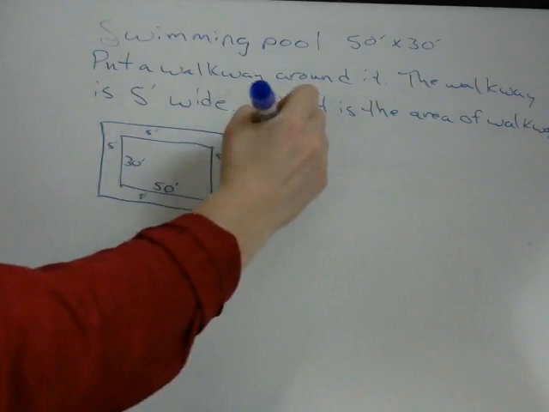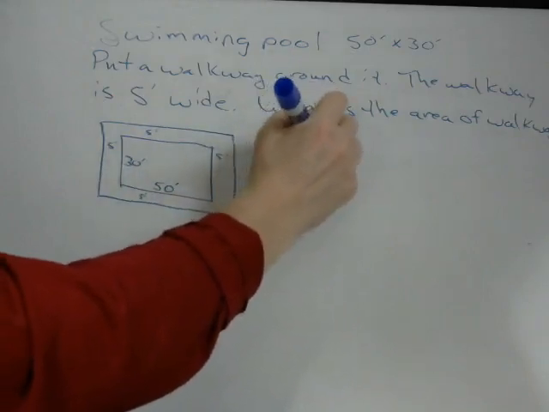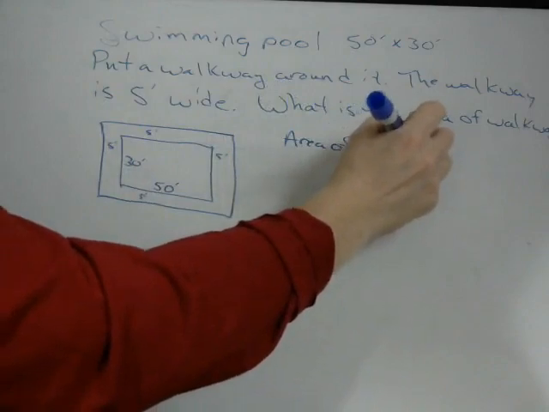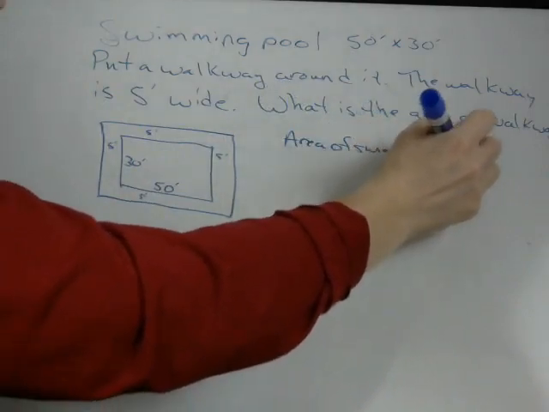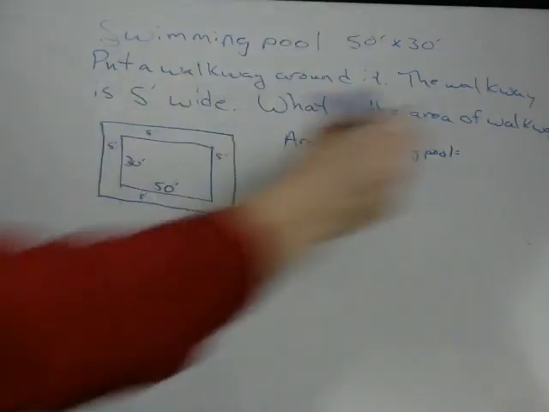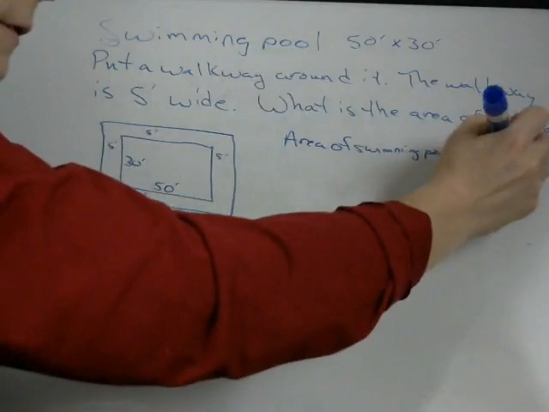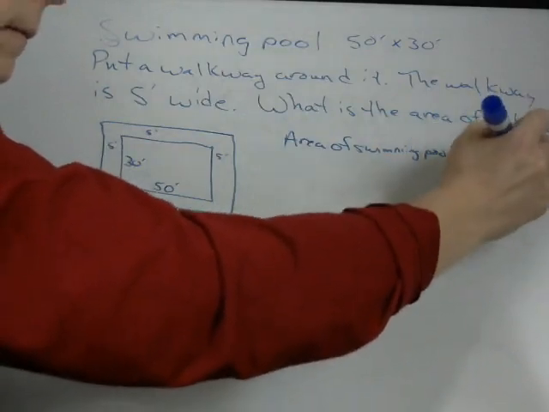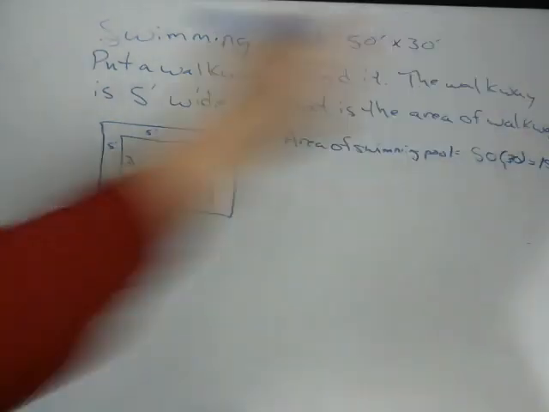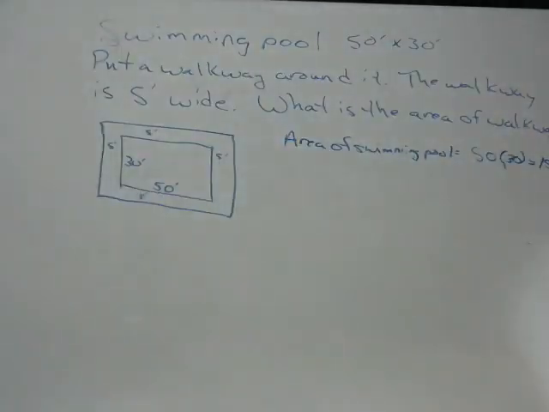So let's first find the area of the swimming pool. Well, it's length times width. The length of the swimming pool is 50, and the width is 30. So the area is 1,500 square feet.